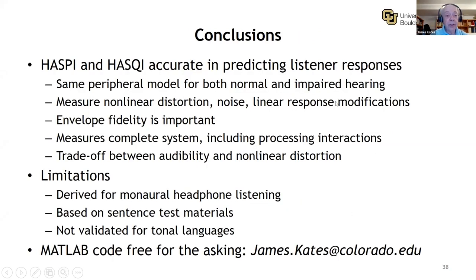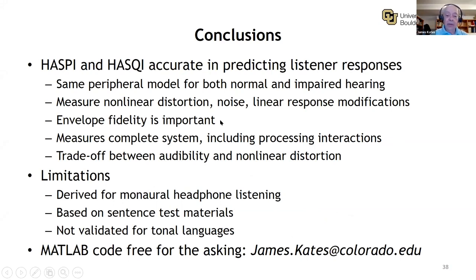So in conclusion, we think that intelligibility and quality metrics can accurately predict listener responses. What we've done is to use the same peripheral model for both normal and impaired hearing, the same peripheral model for intelligibility as for quality, and we can measure changes in the signal due to nonlinear distortion, due to additive noise, due to linear response modifications, as well as the nonlinear response algorithm effects.